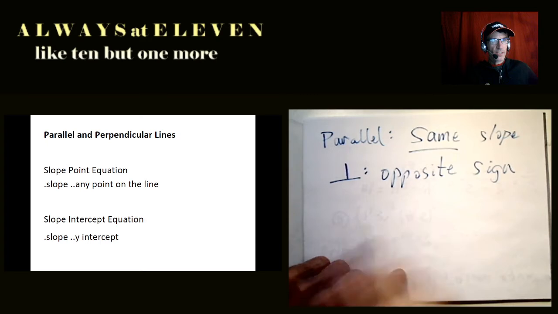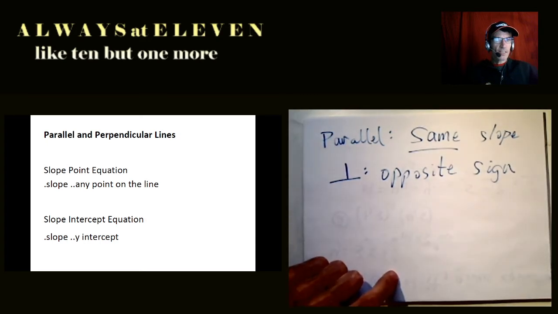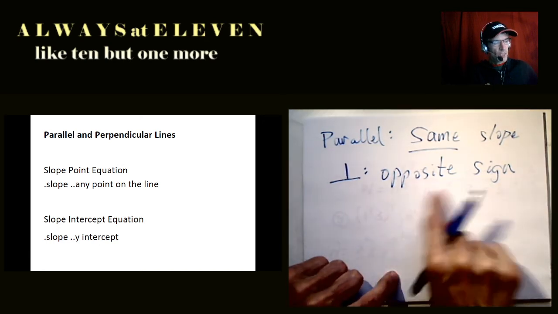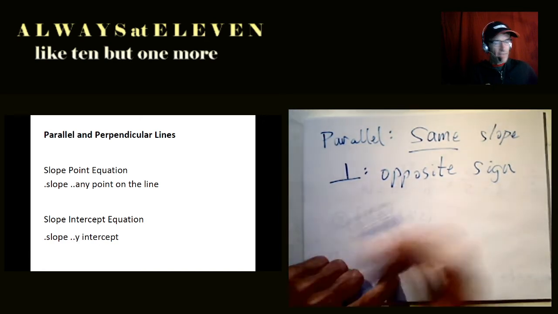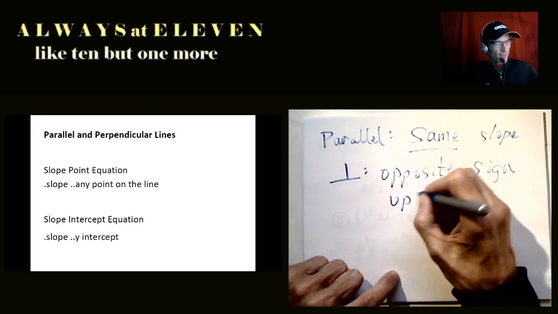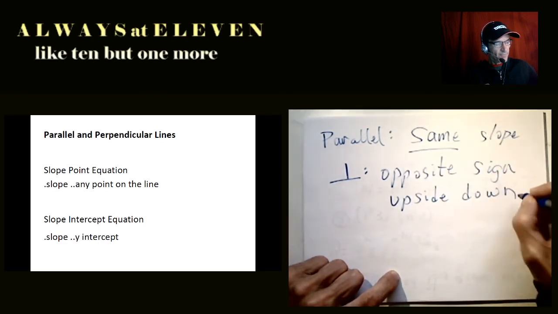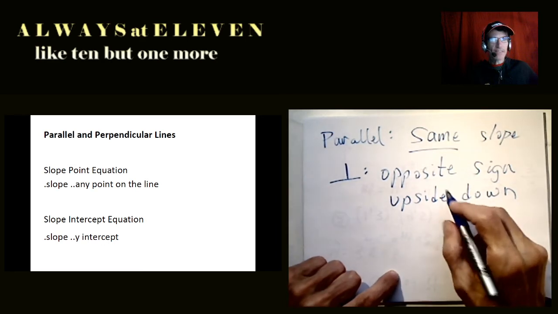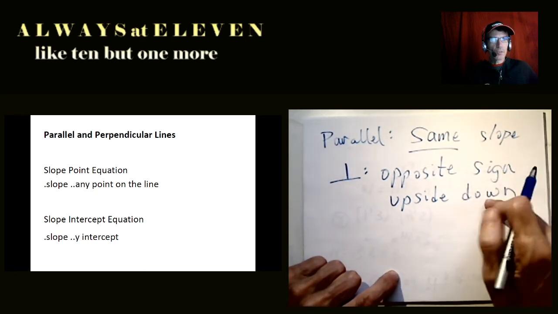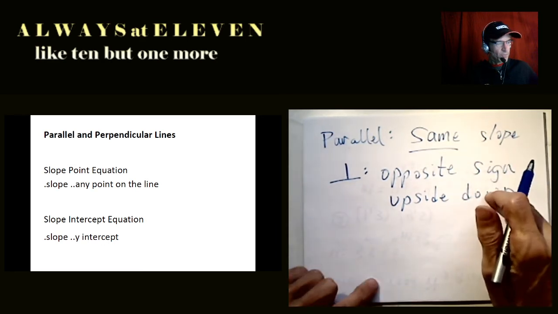The first part is that the sign is the opposite. The sign we get is the opposite of what we start with. And second of all, it's upside down. So these two parts have to happen to get a perpendicular slope.